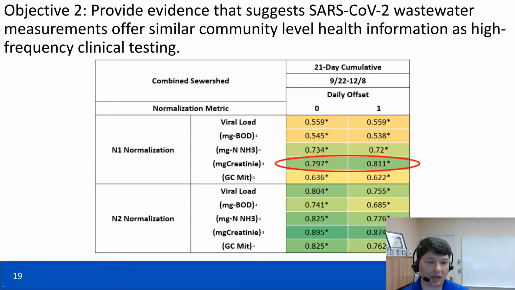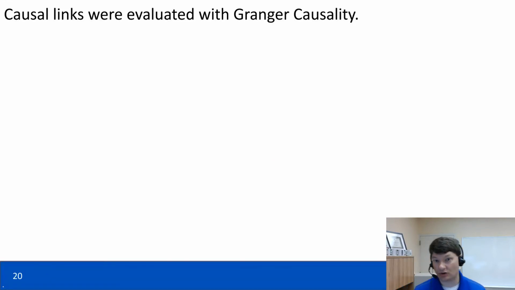And so we used a slightly different statistical method called Granger causality, which is evaluating the ability, in this case, of our SARS-CoV-2 wastewater concentrations to predict the number of COVID-19 cases within a community. And so this is not taking a concentration and telling you the number of cases, but it's more looking at trends. As we see our historical trends of SARS-CoV-2 concentrations in the wastewater, do we see the same trends in our COVID-19 case data?